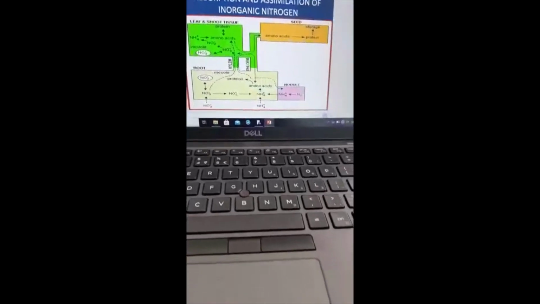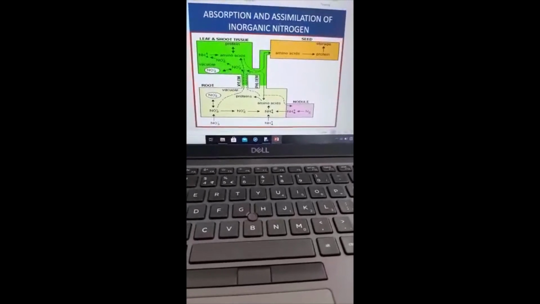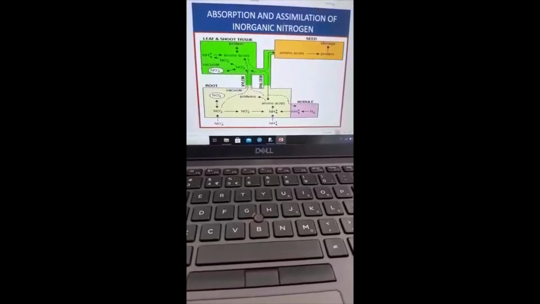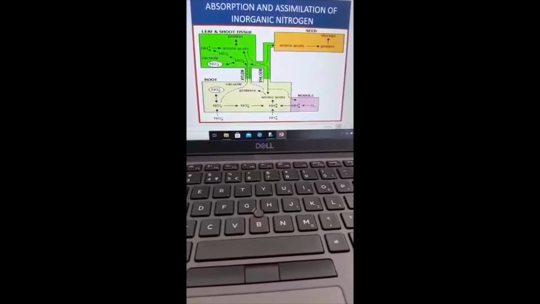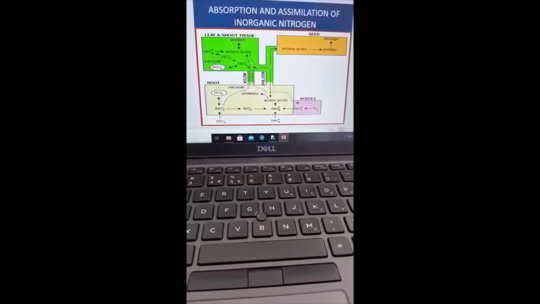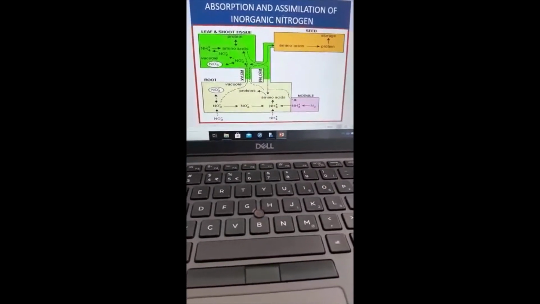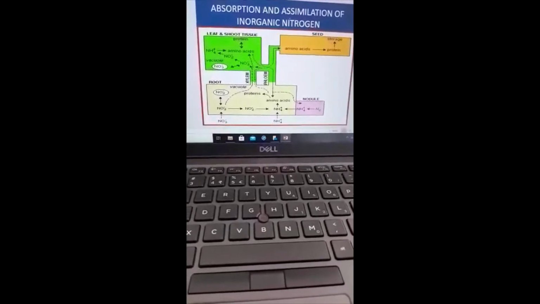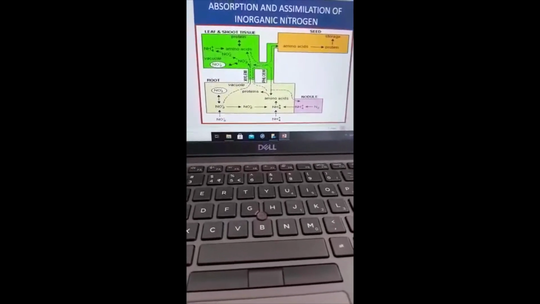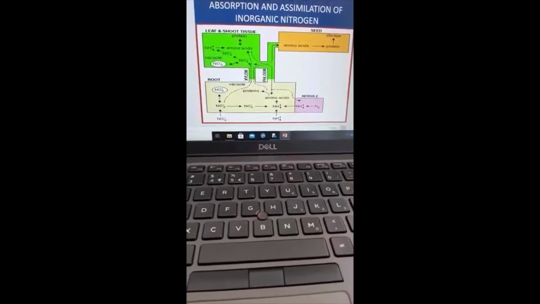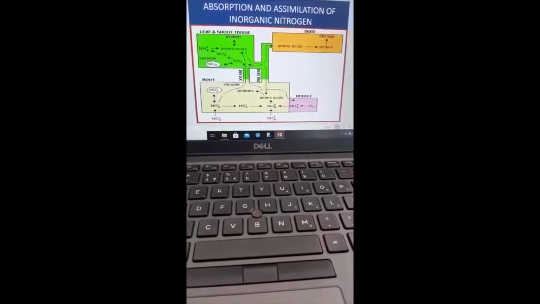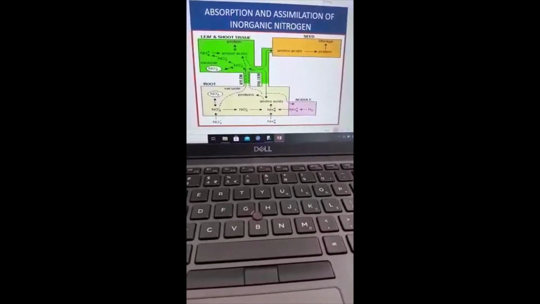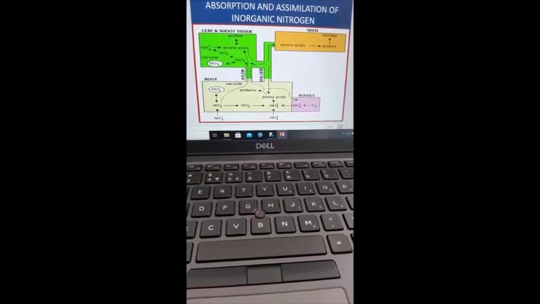So if we assume the nitrogen is in the soil, remember the nitrogen can be in the soil either in the form of ammonium, that is if nitrification does not take place, or in the form of nitrate, that is in a case where ammonium has been converted into nitrate. So you have got two main forms of nitrogen in the soil: nitrate and ammonium.